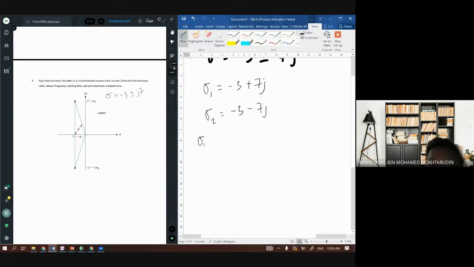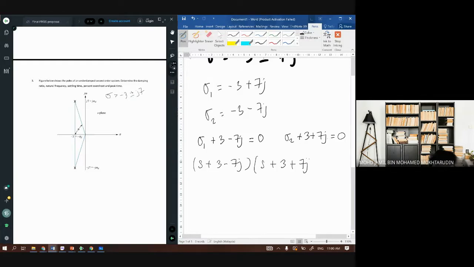So you get sigma 1 plus 3 minus 7j equals 0, and sigma 2 plus 3 plus 7j equals 0. Multiply both of them and replace sigma with s. This is what we learned in school. So (s plus 3 minus 7j)(s plus 3 plus 7j).